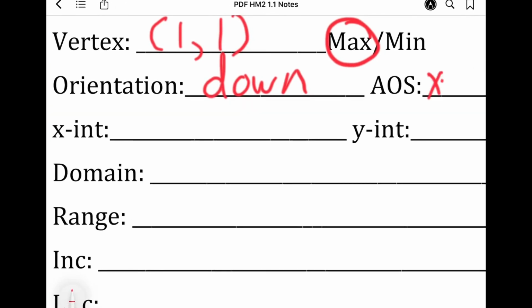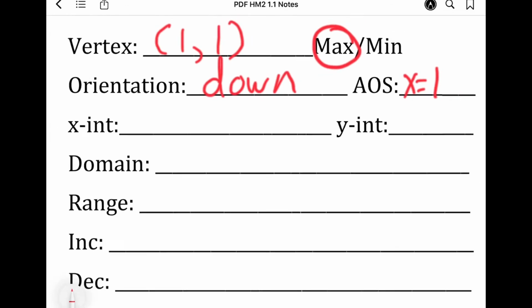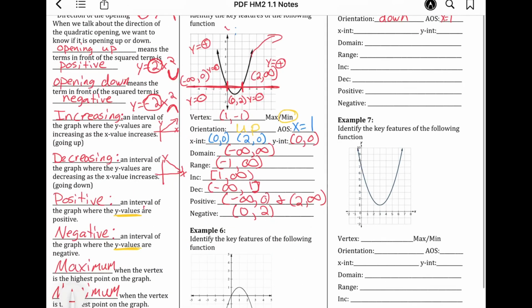Your line of symmetry is x equals 1. Your x-intercepts are (0, 0) and (2, 0). Your y-intercept is at (0, 0).